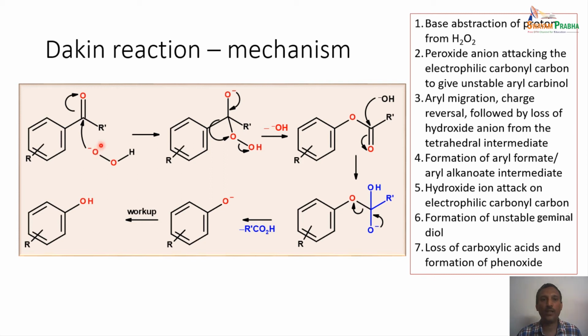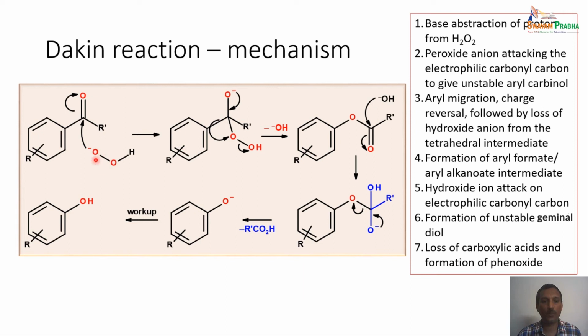Very similar to that, in the Dakin reaction the initial step is the base abstraction of the proton from hydrogen peroxide. That leads to this peroxide anion. We already know the peroxide anion can attack the electrophilic carbon of the carbonyl group. So this is the first step which happens.